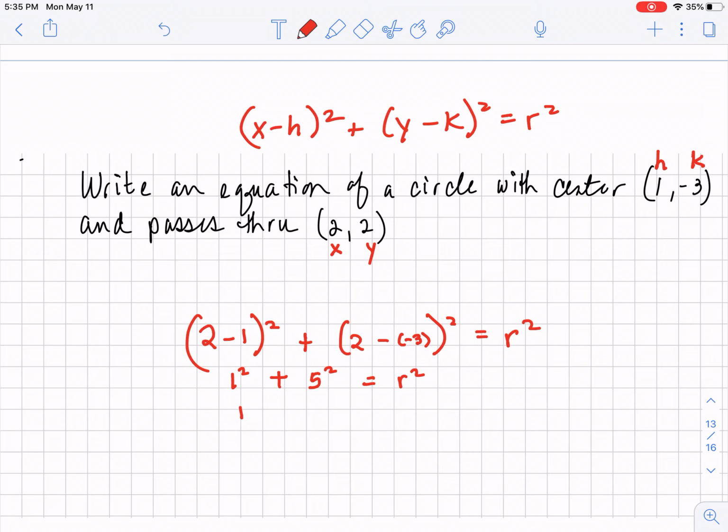So I've got 1 plus 25 is equal to r squared, okay? So r squared is equal to 26. If I wanted to know what r was, this is just going to be the square root of 26.